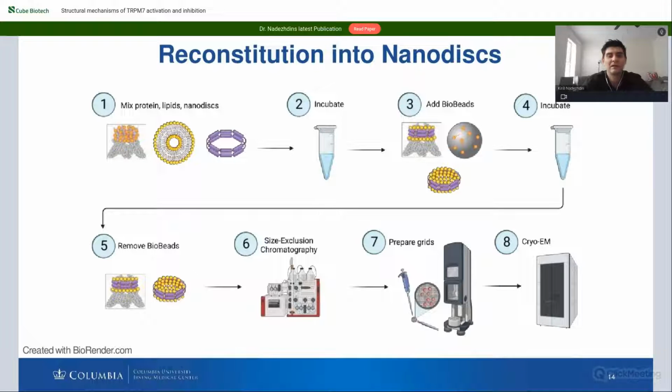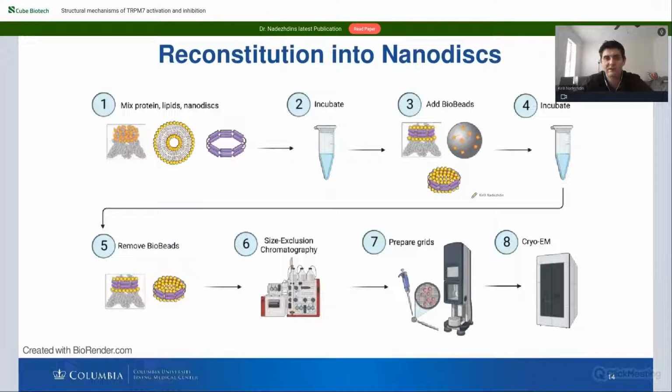So now there was enough protein to try to reconstitute it into nanodiscs. What we do when we reconstitute protein into nanodiscs: we take our protein in detergent, we add lipids, and we also add membrane scaffold proteins. Those are proteins that form belts around the protein and protect the transmembrane domain from water. When we mix everything, we incubate it for about 1 hour.